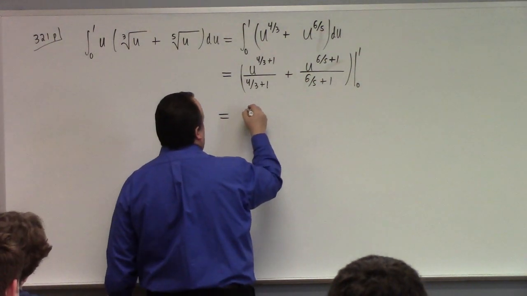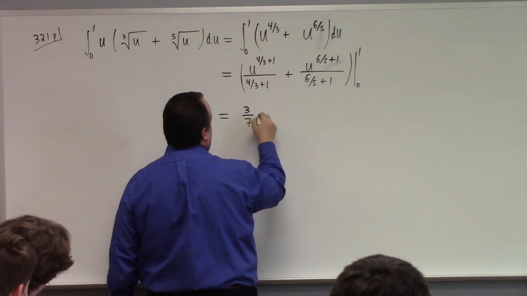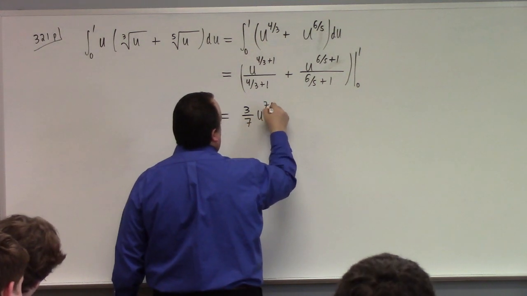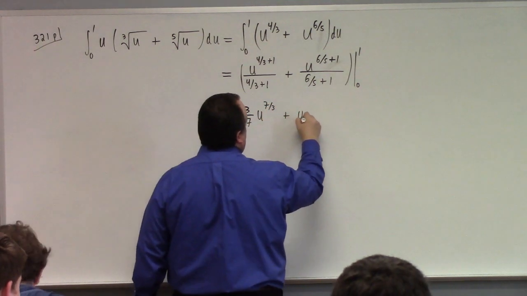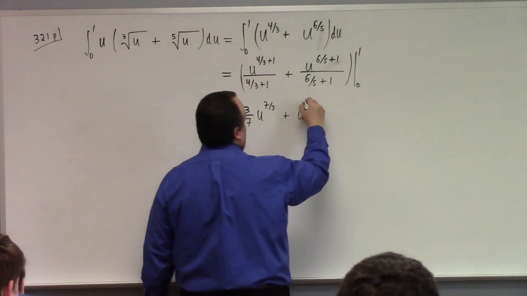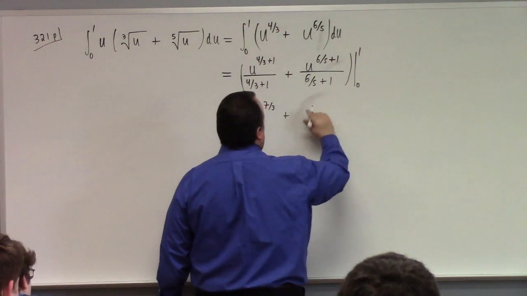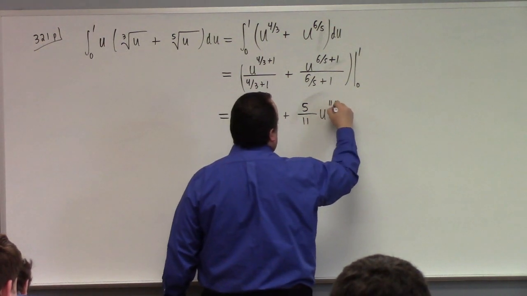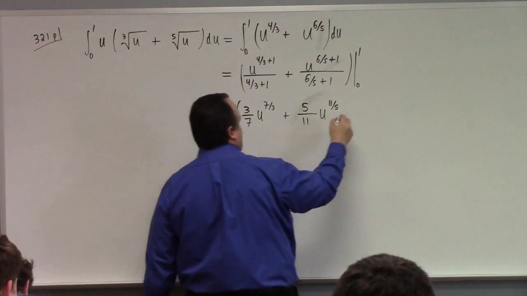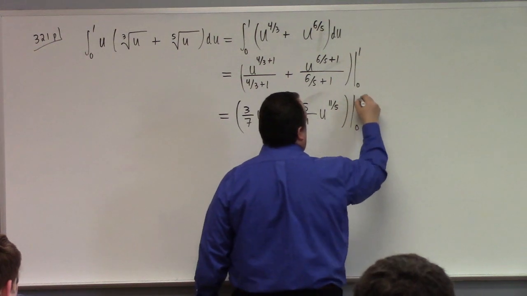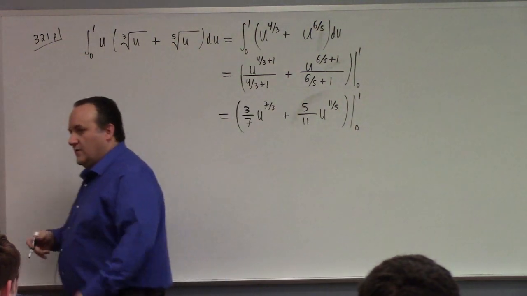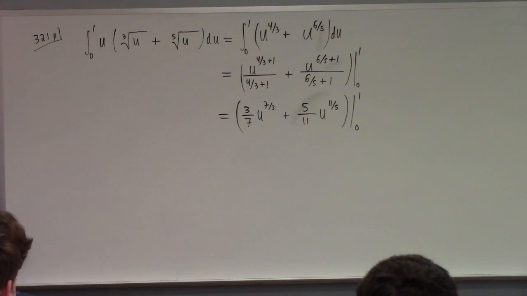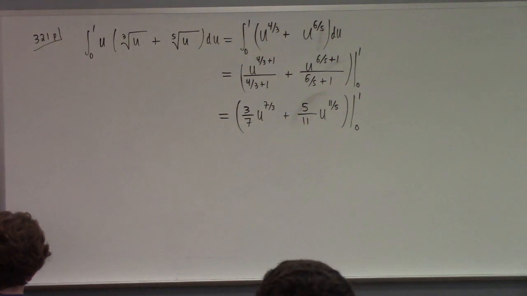So this is 3/7 u to the 7/3 plus u to the 11/5 over 11/5, so 5/11 u to the 11/5. Do you guys understand the arithmetic I just did? 1 over a fraction is its reciprocal. All right, yeah, multiply by the reciprocal. So that's just arithmetic there.